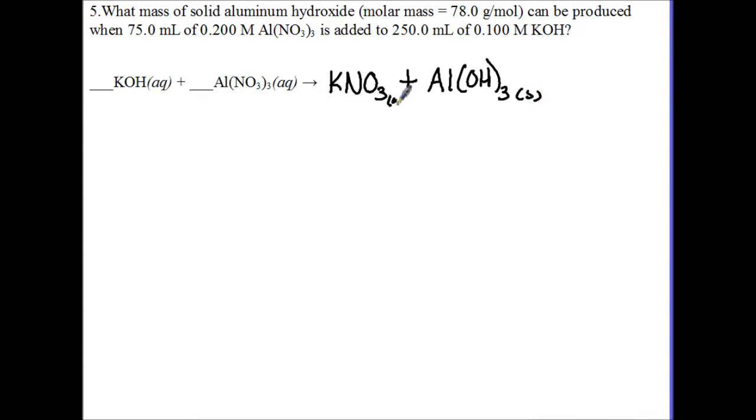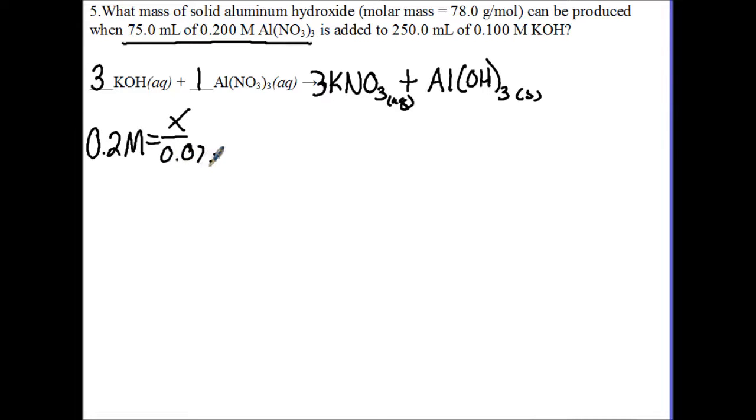This one's going to be aqueous, so I'm going to need 3 of these, 3 of these, 1 of these, 1 of these. Okay, so first thing we're going to do is take our volume and mass of aluminum nitrate, so 0.2 molar equals X over 0.05 liters.